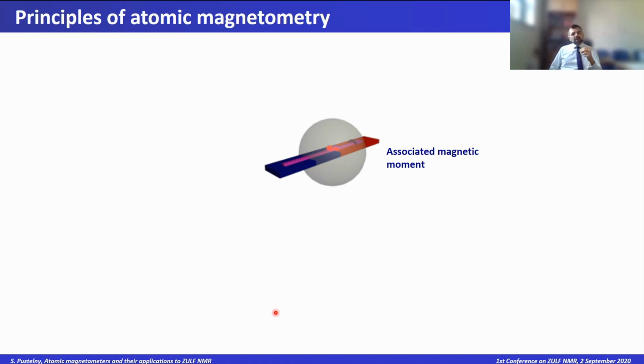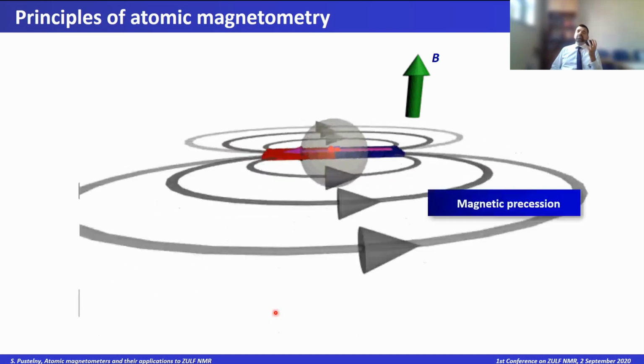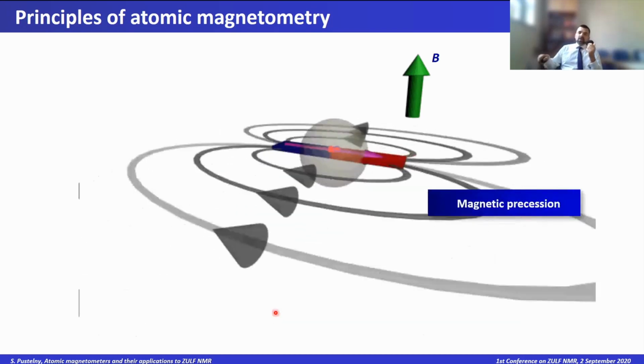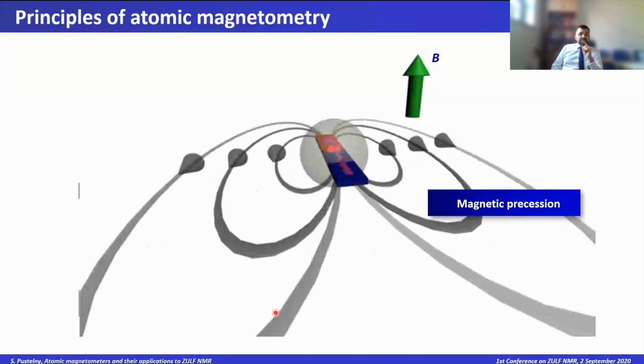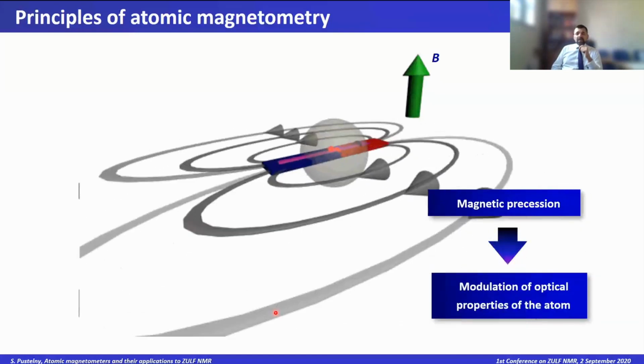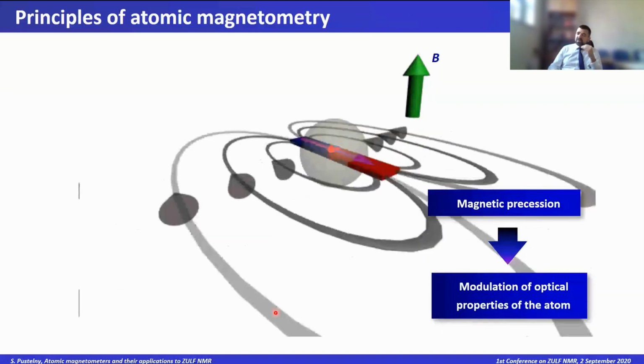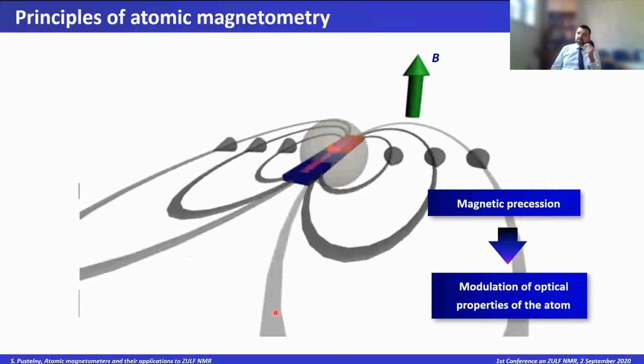So now we should say the following thing. You polarize the spin, and of course, with the spin or angular momentum of the atom, there is a magnetic moment associated. So now, if you take this system and place it in a magnetic field, it will start to precess around the magnetic field, which means that the precession, which is perfectly determined by the magnetic field, modifies, for example, in this picture, the transmission of light.